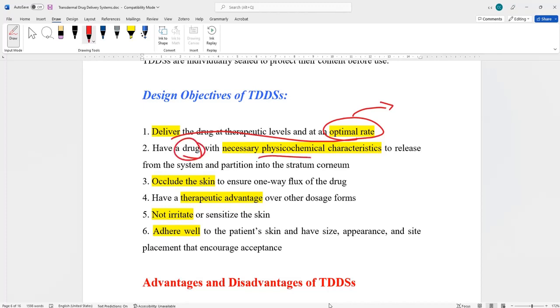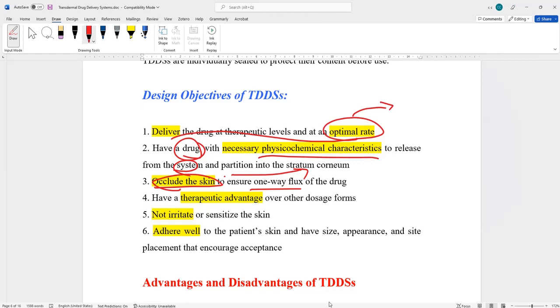It should have the right characteristics to allow it to leave the system and go to the stratum corneum. The system should occlude the skin so that only the drug goes one way, and that is through the skin, and of course does not allow skin moisture to evaporate, does not allow environmental things to get inside. So these are the requirements from the transdermal delivery system.